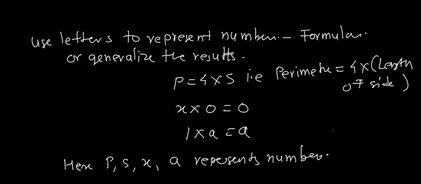So we formulated a pattern or observation into a form where we can use it repetitively, and this becomes the formula. So in a way we generalize the results, and for that we use the letters.